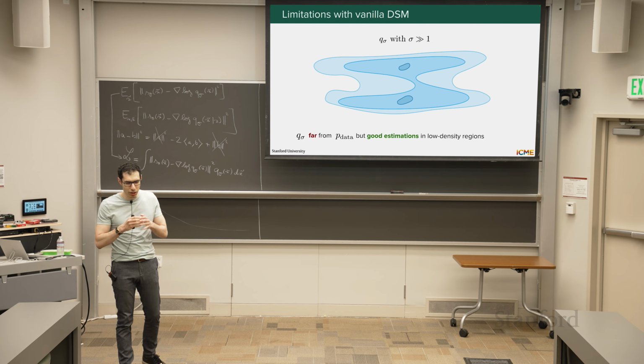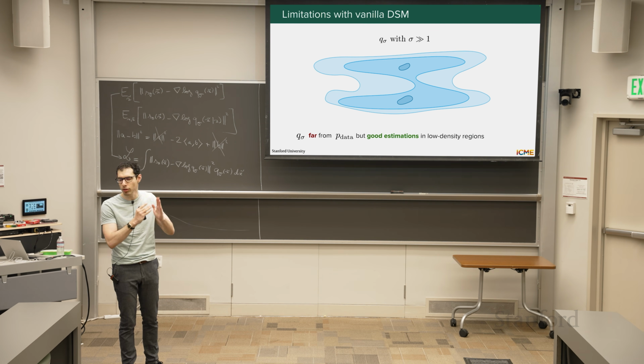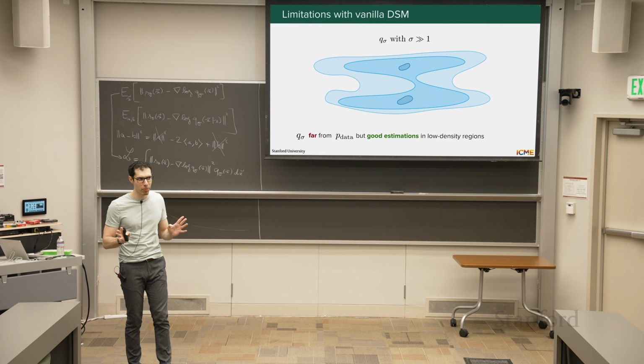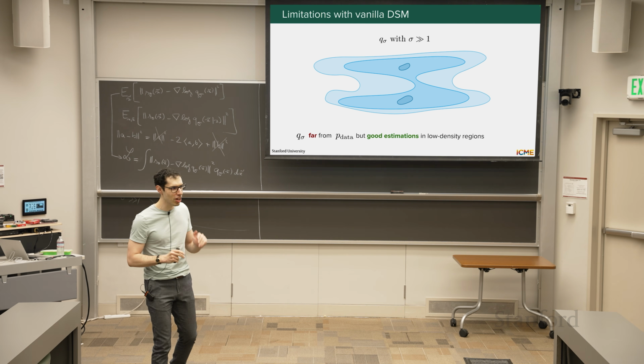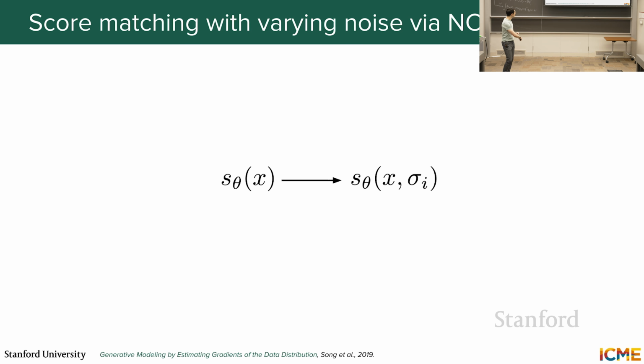Yes, exactly. So high noise smoothens it, low noise produces some spikiness around those training data points. Okay, cool. I think this is probably the most challenging part of the lecture. So I hope you got the intuition as to why that is a problem.